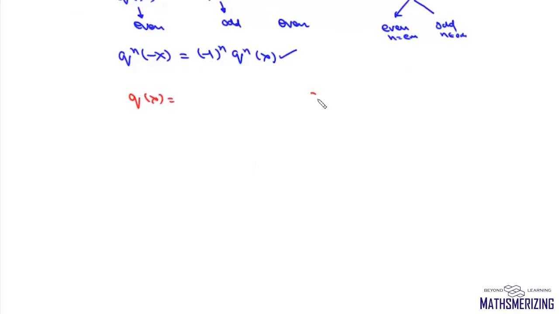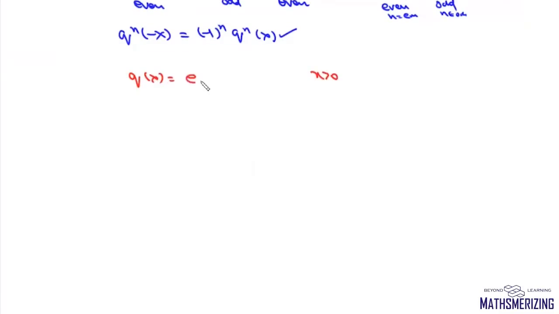Now if we look at this function q(x), when x is greater than 0, it is e to the power minus 1 by x. Now q'(x) will be e to the power minus 1 by x into 1 upon x square.